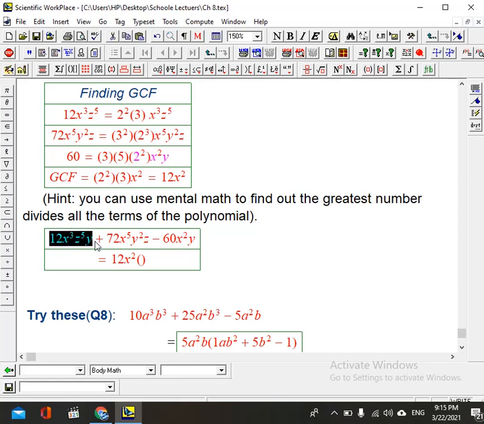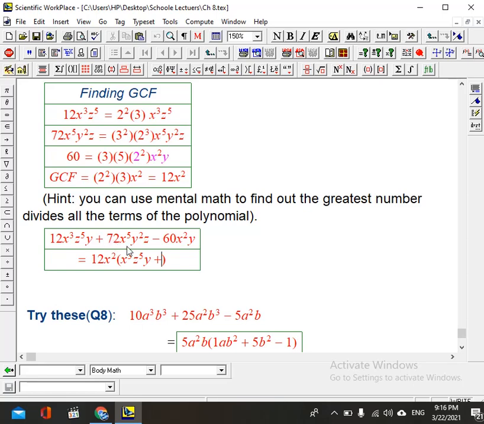So 12 x cubed z to the power 5 y divided by 12x squared. 12 over 12 will be 1. x cubed over x squared will be x, and z^5 y will be z^5 y. Again, it is just a division of a polynomial by a monomial as we learned previously in chapter 7.